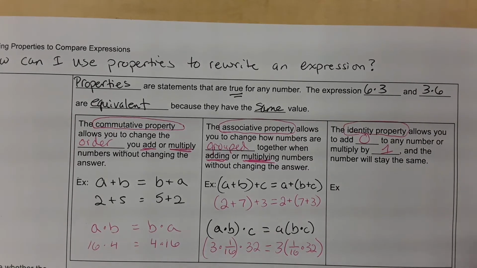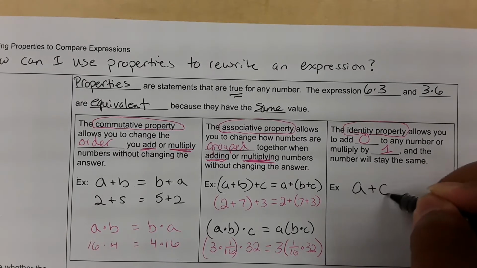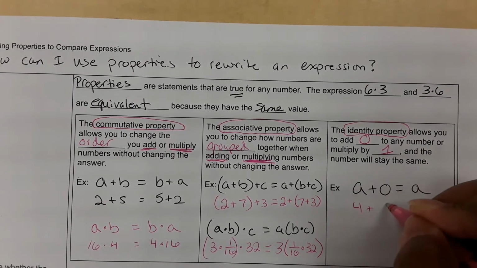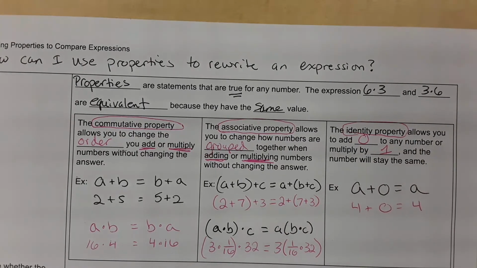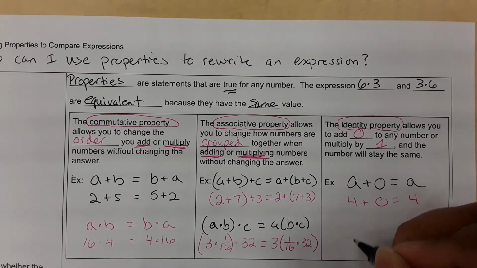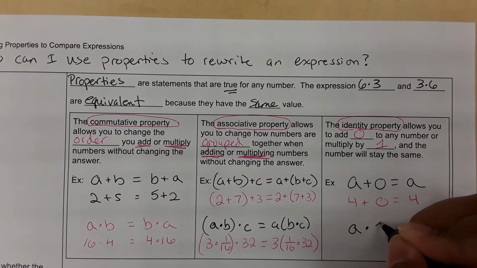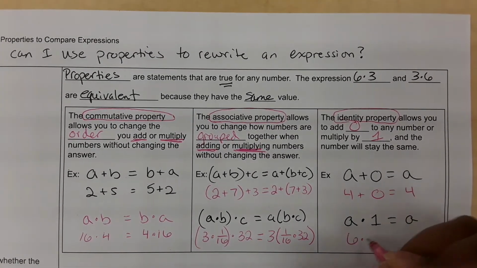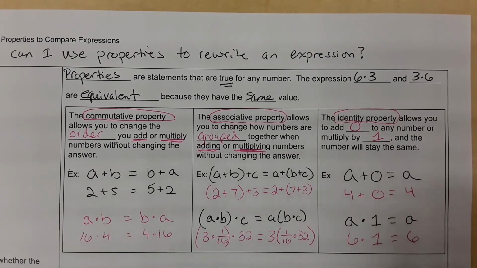So we see that in an example like A plus 0 gives us A. So if you had done 4 plus 0, you'd still end up with 4. Also, in multiplication, you can do A times 1 and you'll still get A. Like when we see 6 times 1, we still get 6.